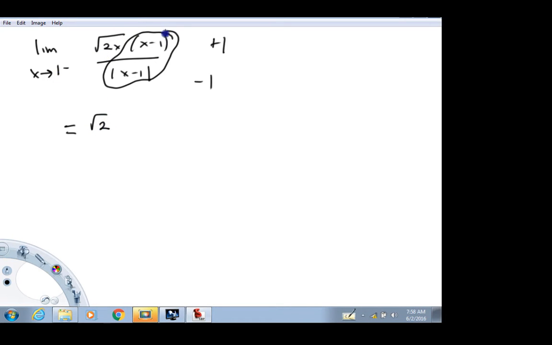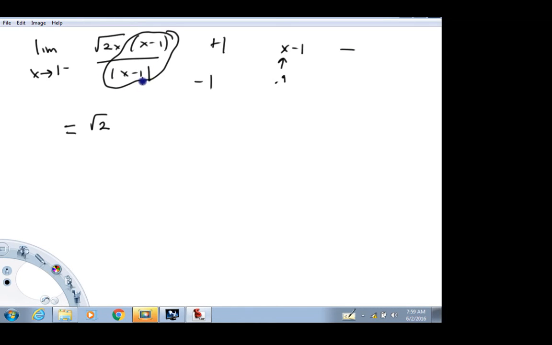And now I'm just going to take a look at this ratio here. x minus 1, if we approach 1, is heading to 0. But it is important to notice that we're approaching 1 from the left. So these are numbers like 0.9, 0.99, 0.999. If you run 0.9 right there, you'll notice that this difference is negative.